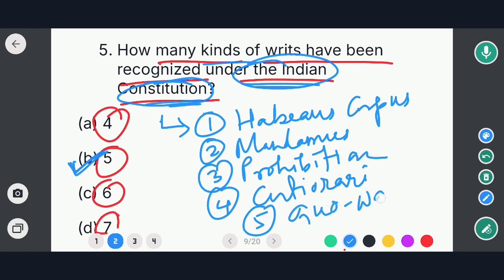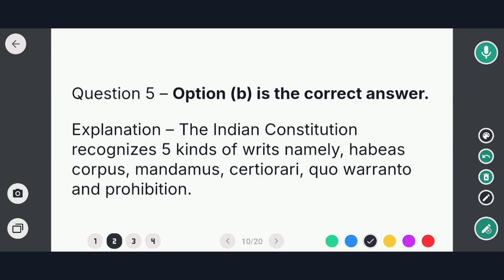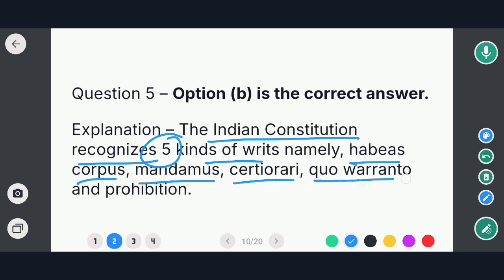So in this case the correct option will be option B. For better understanding, the Indian Constitution recognizes 5 kinds of writs, namely habeas corpus, mandamus, certiorari, quo warranto and prohibition. So now move to the next question.